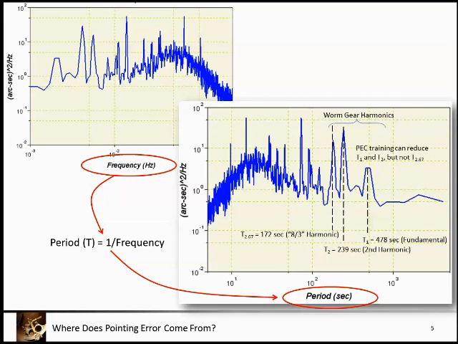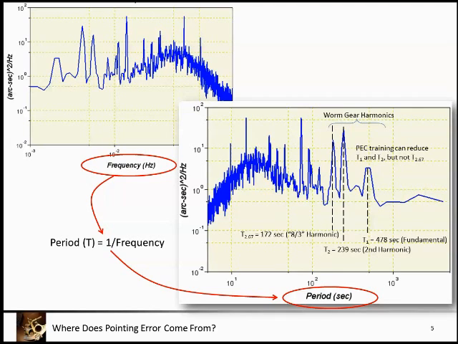There's nothing you can do with the 8/3 harmonic, because all harmonics that you can compensate for have to occur with an integer number of cycles within one worm gear period. And with the 8/3 harmonic, it takes 3 revolutions of the worm gear to get 8 full revolutions of the 8/3 harmonic. And so this is a consequence of the gear ratios selected in the design of the motor, and it's received some amount of discussion on astrophotography boards and such.